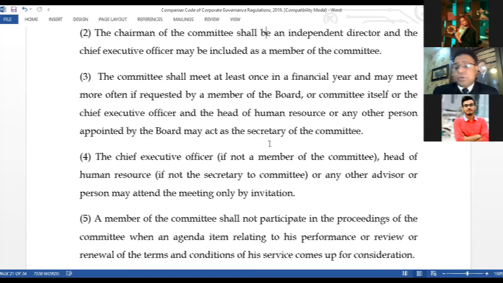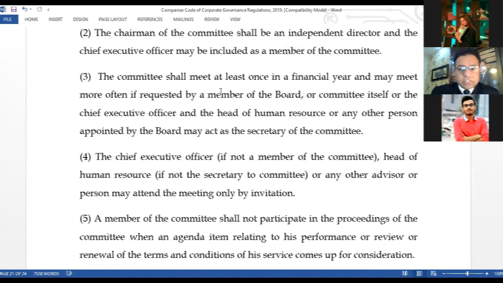This is very important in order to avoid any conflict of interest: the person about whom the committee is considering performance is not allowed to participate in the committee's meeting formalities, just so that he or she will not be able to influence his or her performance review.